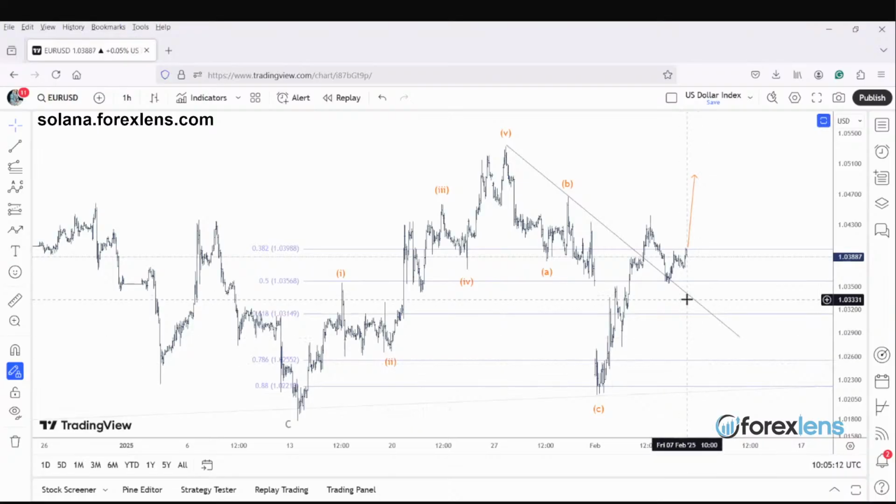Right now, if you look at the Euro USD hourly chart, the counts are presented here. An impulse wave higher followed by a corrective zigzag wave lower. And I've kept this trend line intentionally because price has tested the backside of the trend line, which acts as a support. Now, it doesn't really guarantee that price action is going to rally right from here.